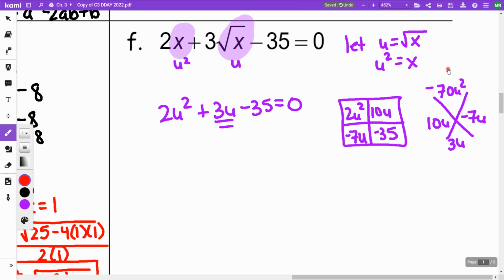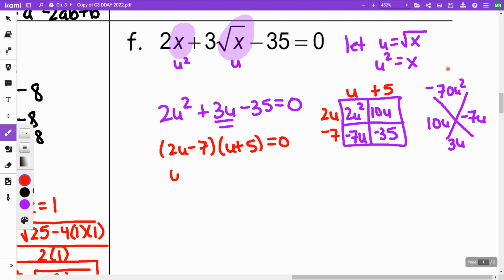And then my factors are going to be a 2u and u on the outside here, plus 5, minus 7. So I am going to get 2u minus 7 times u plus 5 equals 0. So I'm going to get 7 halves, or 3.5, and a negative 5.